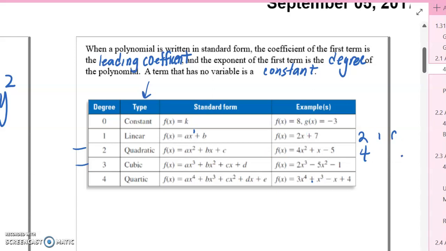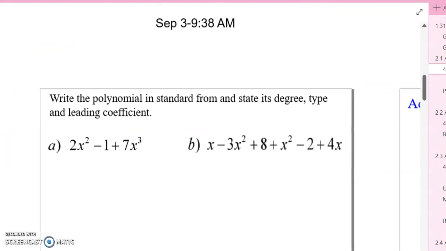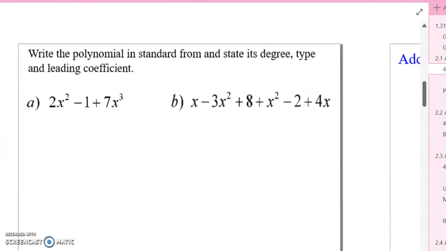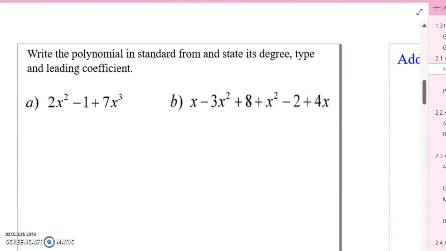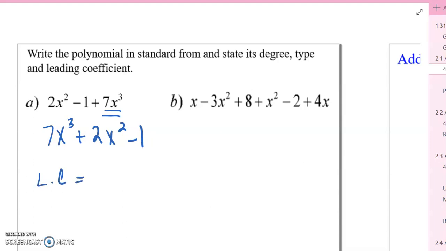And today's lesson, sorry, this one does say you should be able to do this from a prior lesson. Put them in standard form, state the degree, type, and leading coefficient. Hopefully you pause the video at this point. We know that we're going to put it in standard form, which means our highest exponent goes first, then the 2x to the second, then the minus 1.